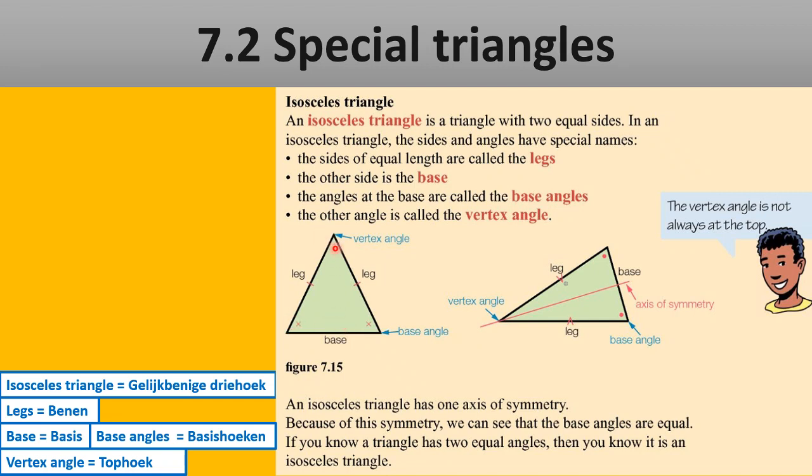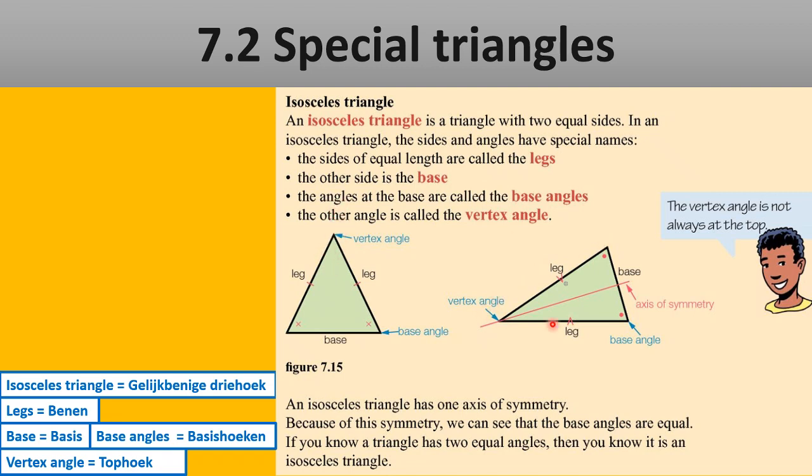The other angle is called the vertex angle, or the tophoek, right? That's the one which opposes the base, you could say. It's where the two legs come together. They call this the vertex angle or the tophoek in het Nederlands, but this doesn't always have to be the angle that's pointing upwards, right?